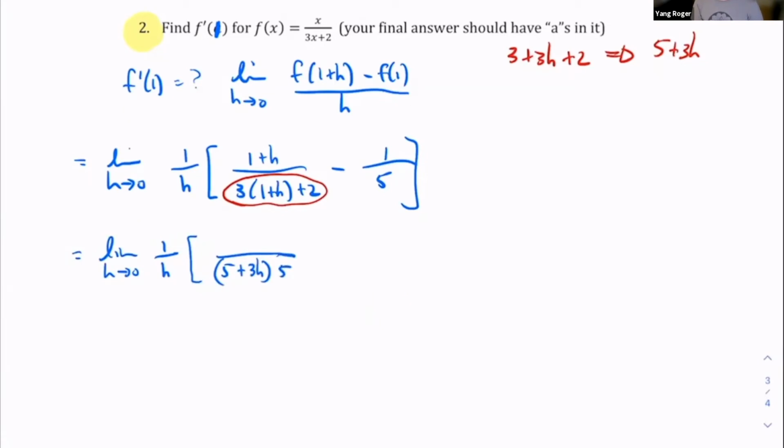And then we're also going to have a minus 5 plus 3h times 5. So what do I need to do to this first function? Well, I need to multiply top and bottom by 5. So we're going to have a 5 times 1 plus h. And what do I need to do to the top and bottom of the second fraction to get this common denominator? You multiply top and bottom by 5 plus 3h. So you're going to have a 5 plus 3h here.